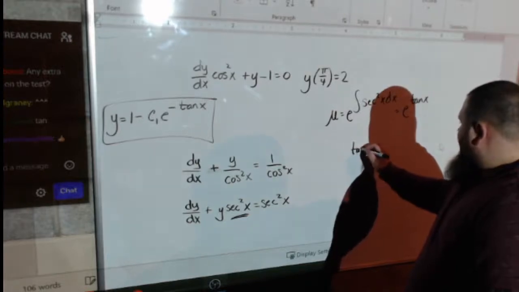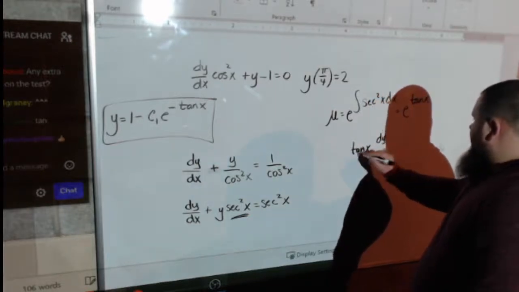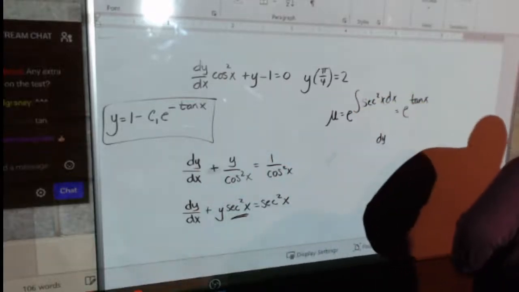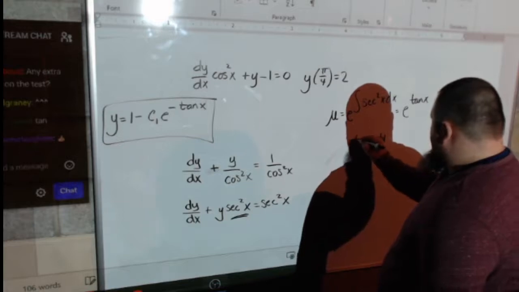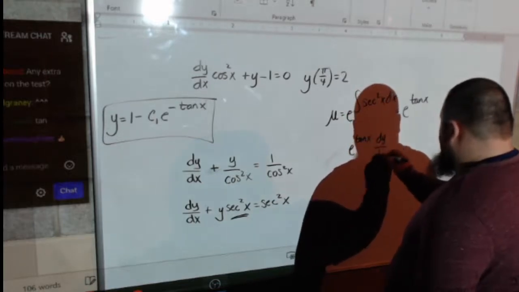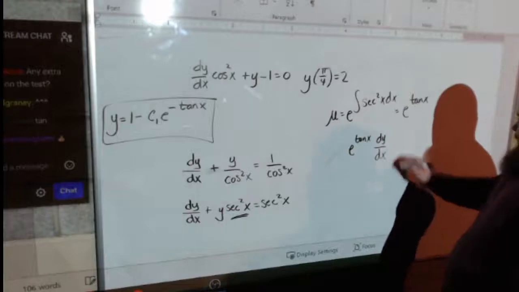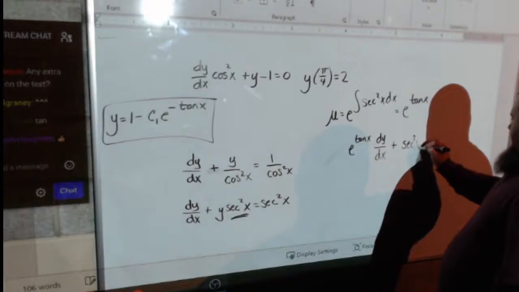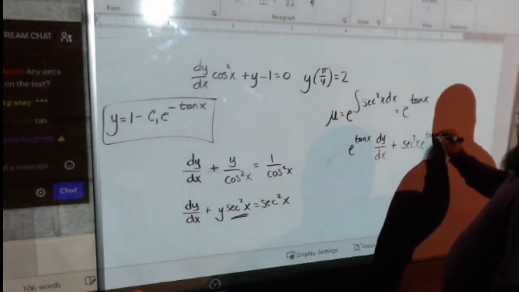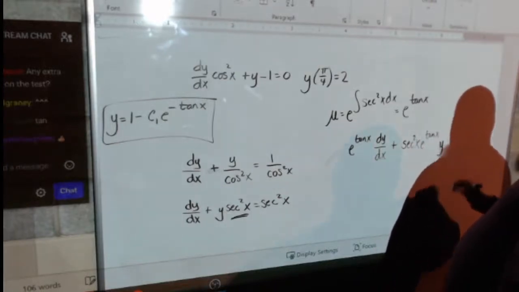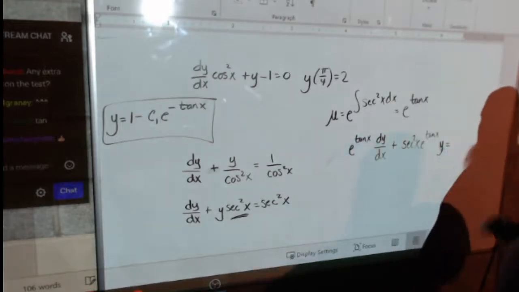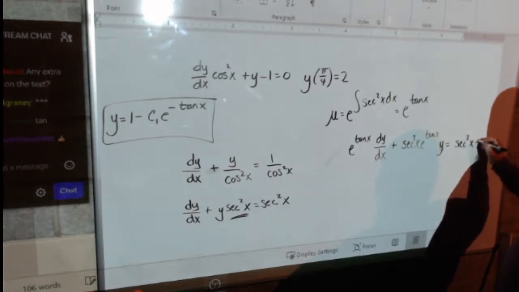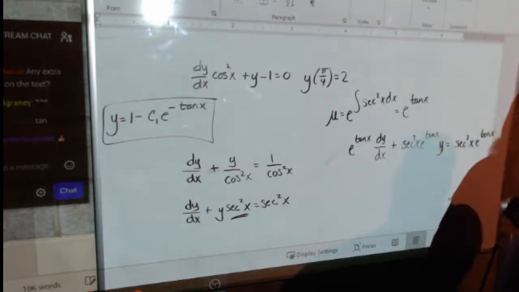So e to the tan x, dy dx plus, let's write it, secant squared e to the tan x times y, all equals secant squared e to the tan x.